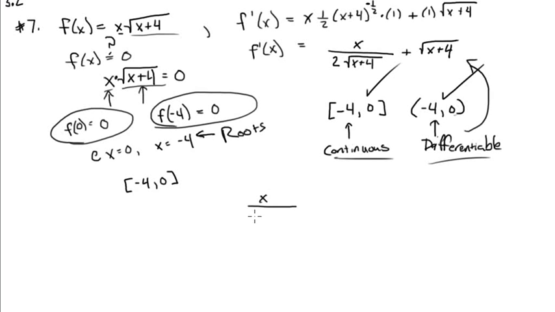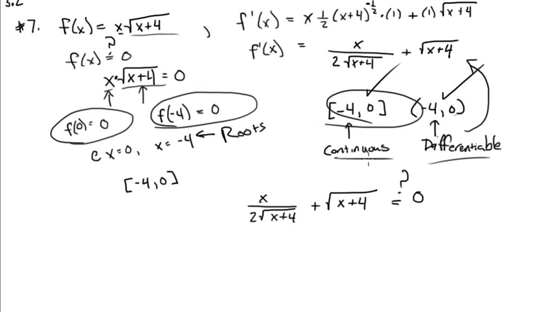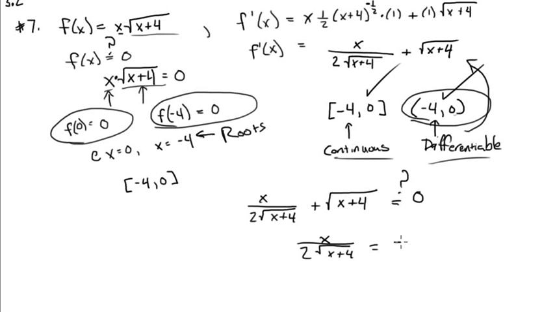I have x over 2 square root of x plus 4 plus square root of x plus 4. And where does that equal 0 on the open interval from -4 to 0? Well, we can subtract one side: x over 2 square root of x plus 4 equals negative square root of x plus 4.